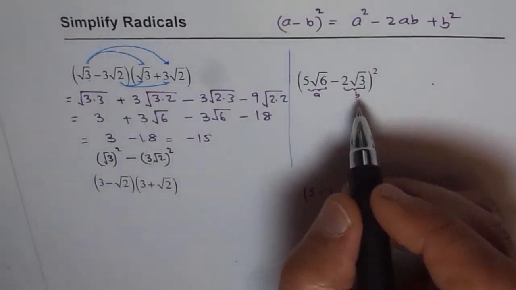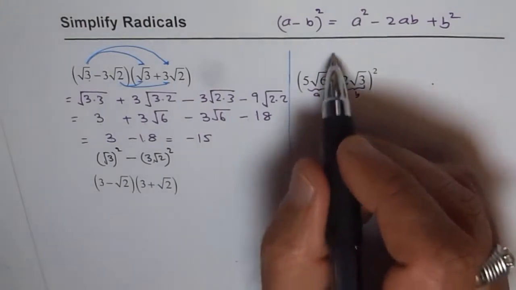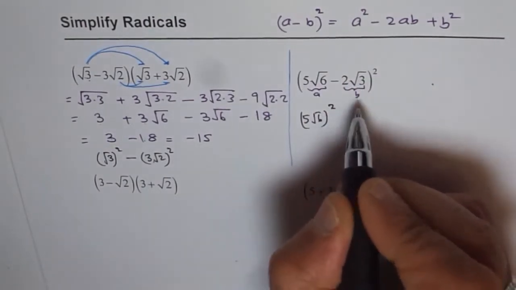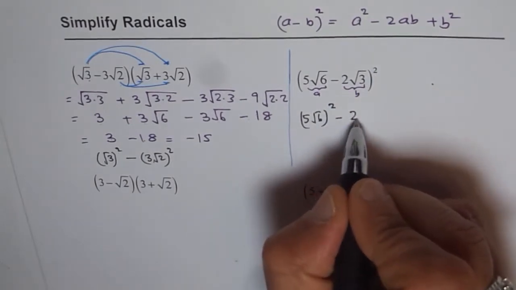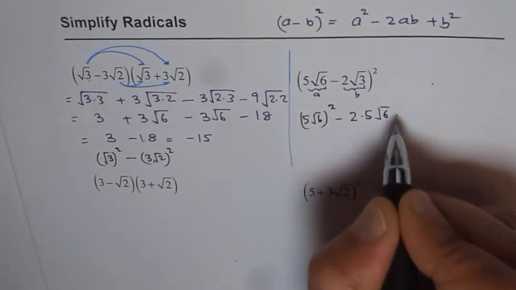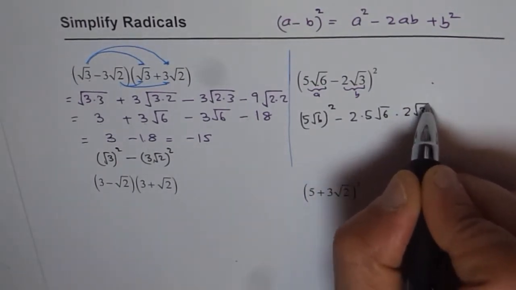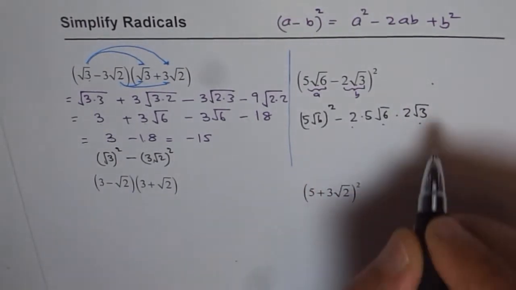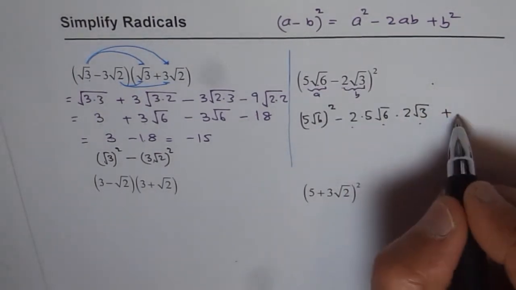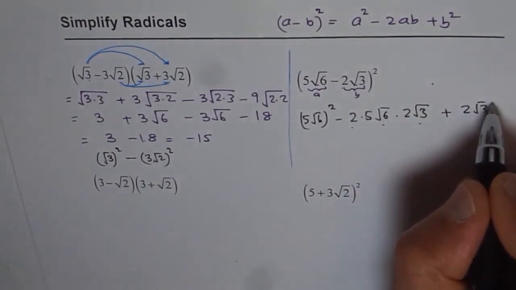Let's see how to do it with the formula. A square, that means 5 square root 6 whole square, minus 2 times a and b. That is 5 square root 6 times 2 square root 3, that is 2 times a and b. And then we have plus b square, which is 2 square root 3 whole square.